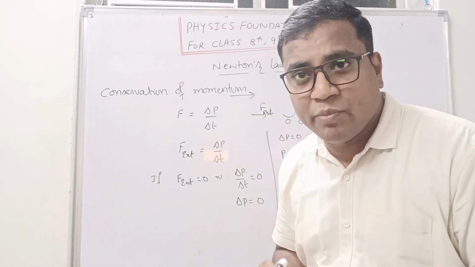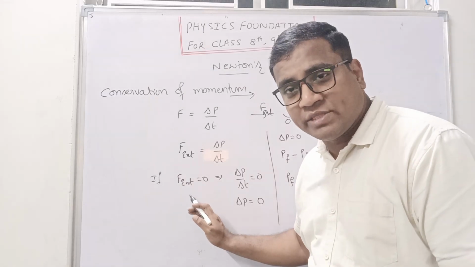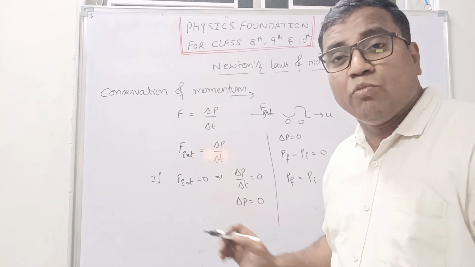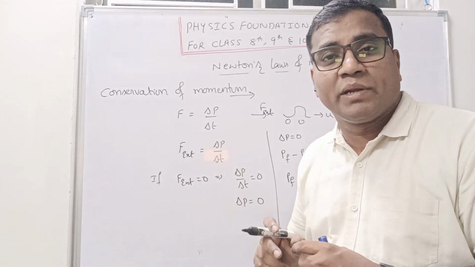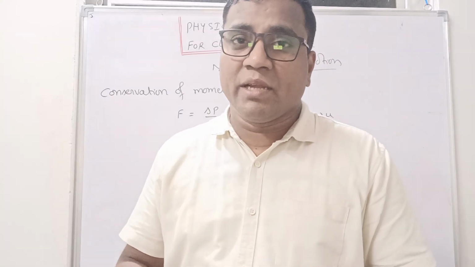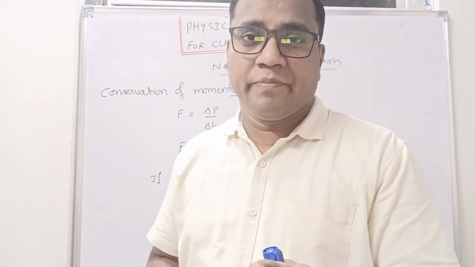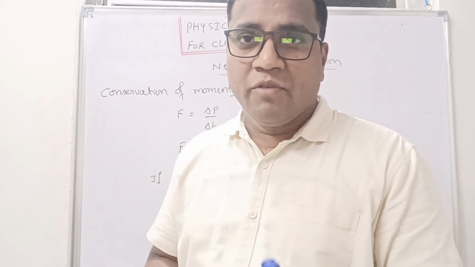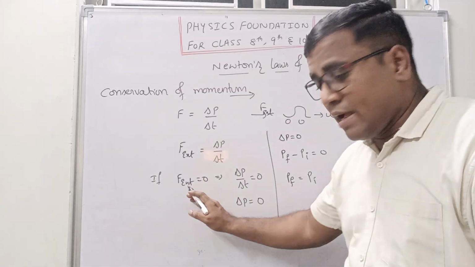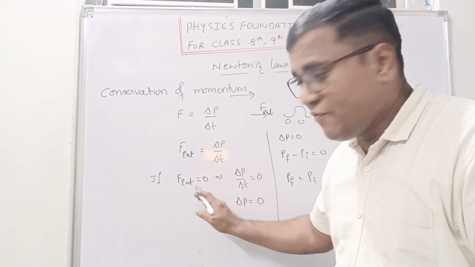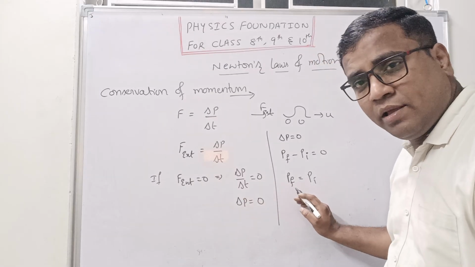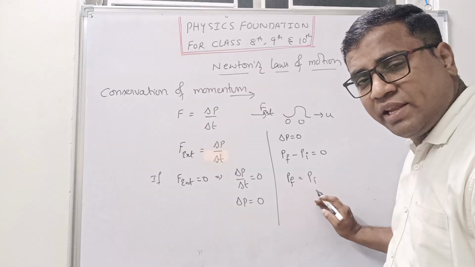What is the law of conservation of momentum? If there is no external force acting on the body, the momentum will be conserved, which means initial momentum is equal to final momentum. That is what we got here: I put F external equal to 0, and we got final momentum equal to initial momentum.